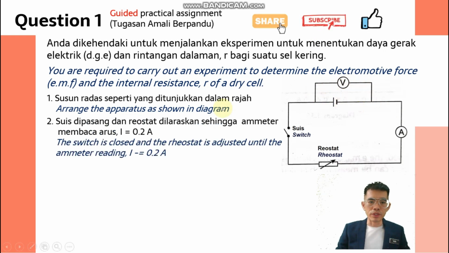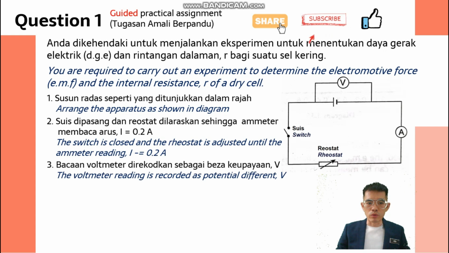Okay, for the first reading, the switch is closed and the rheostat is adjusted until the ammeter reading I is equal to 0.2 ampere. We need to follow the value stated in the question. This is the first manipulated variable you need to follow when measuring the current.